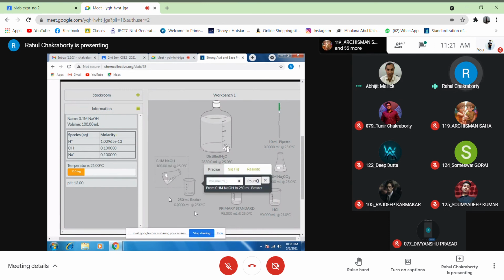Pour 30 ml. Notice this carefully: 30 ml of 0.1 molar NaOH.